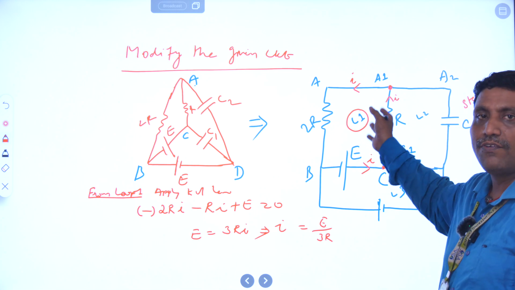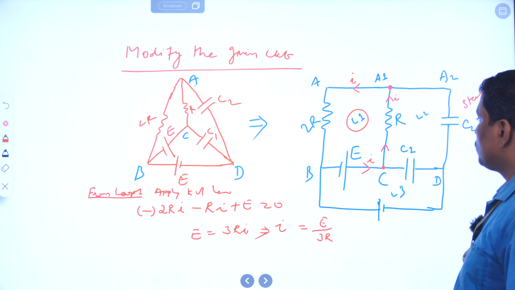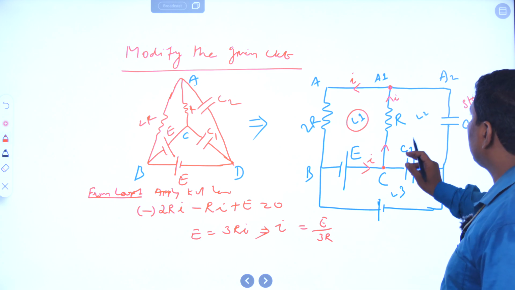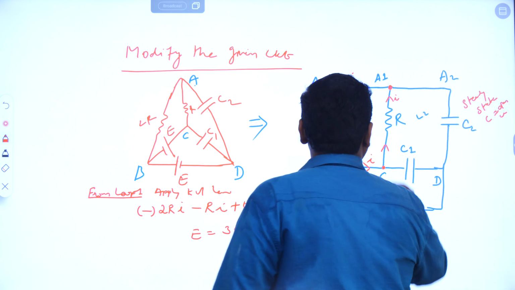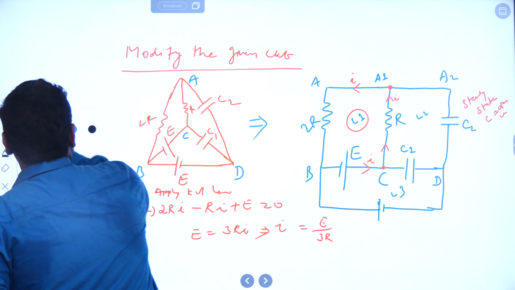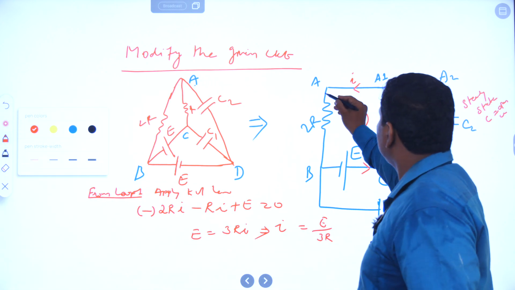Next, I am not choosing the mesh, I am choosing a different loop. Many more loops are available in the given circuit. So for finding C1 divided by C2, I can consider this loop.